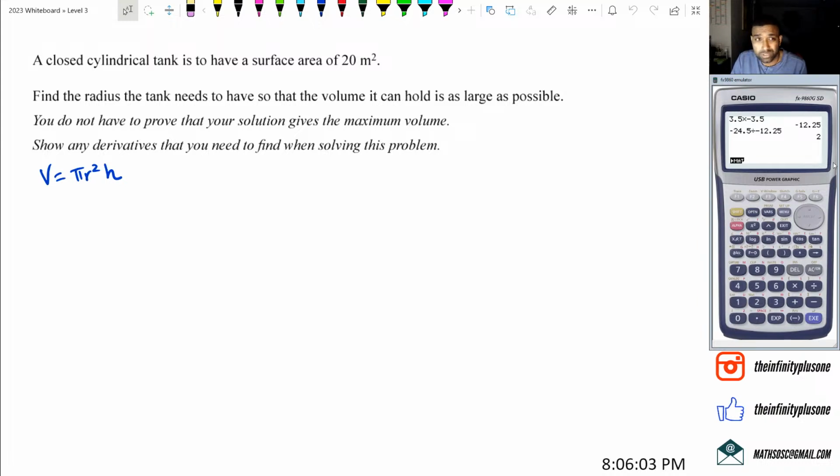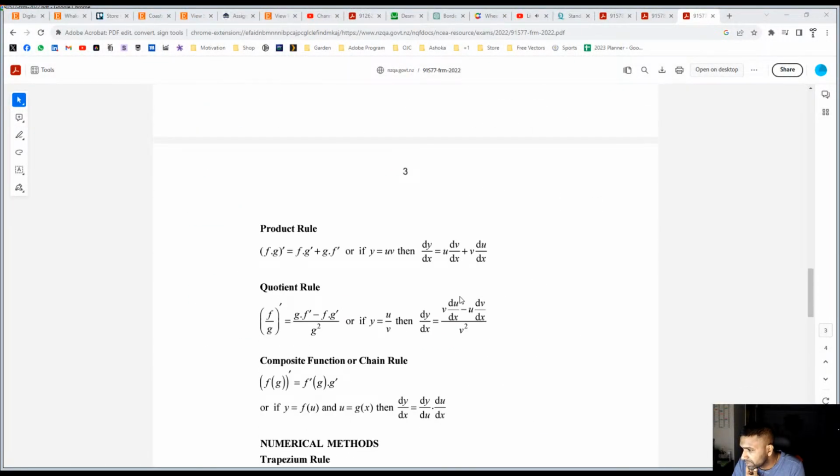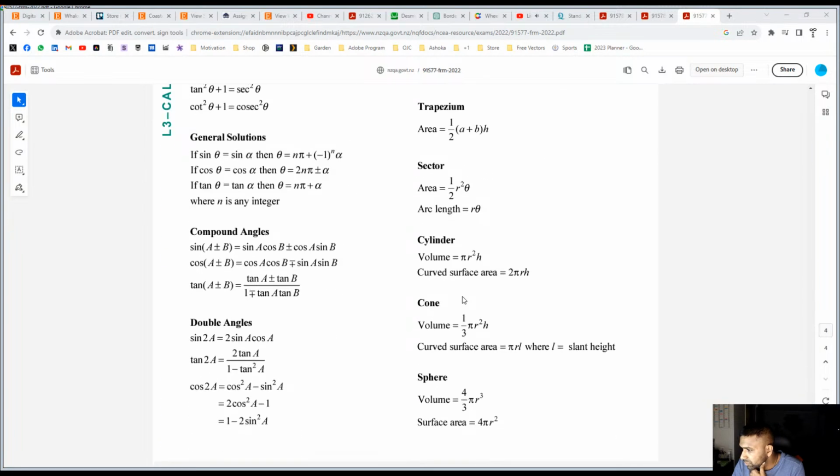So the first thing is the volume of a cylinder. Let's go into my formula sheet. If you look at the cylinder part here, I've got pi r squared h as the volume. Now it says the curved surface area is 2 pi rh. So basically these are the two formulas that I'm going to need for this particular question.